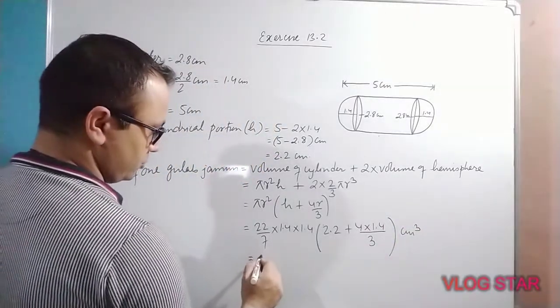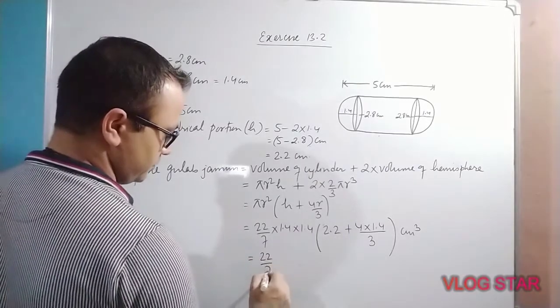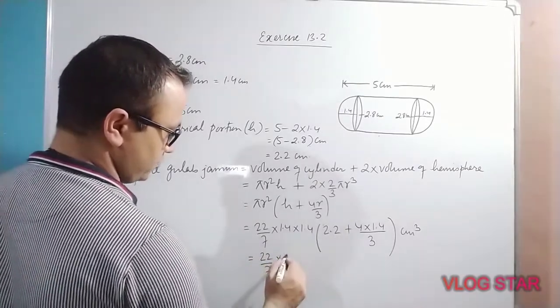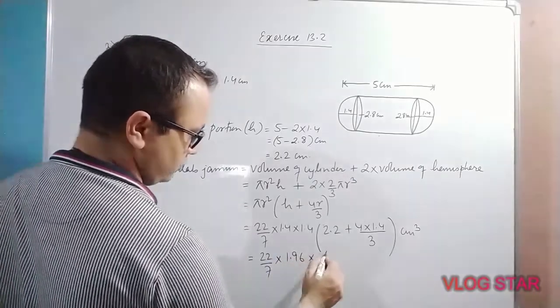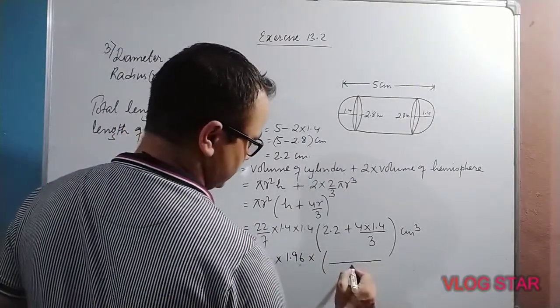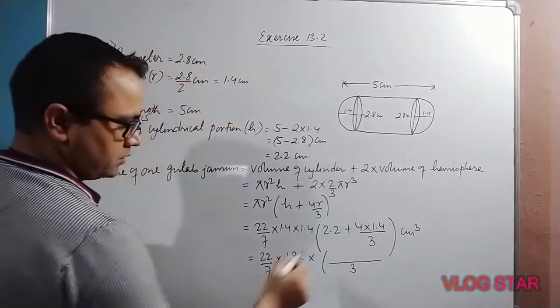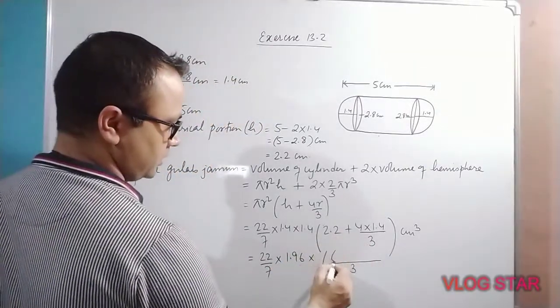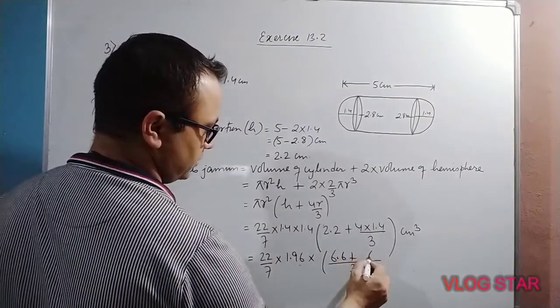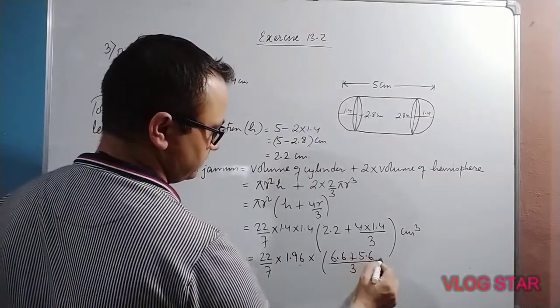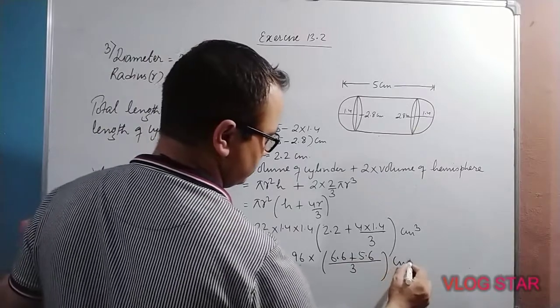So this equals 22 upon 7 into 1.96, into, now take LCM, 3 is the LCM, 6.6 plus 5.6, centimeter cube.